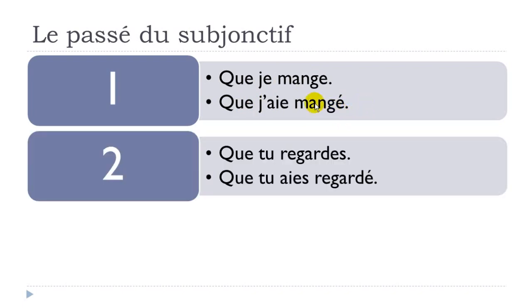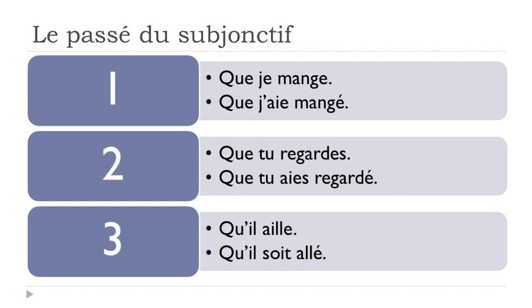Second example, que tu regardes, same thing here, you've got the subjonctif présent, and que tu aies regardé, here you've got the subjonctif passé. And the third example, qu'il aille, the verb aller, to go, the subjonctif présent. Qu'il soit allé, and here we've got le subjonctif passé.